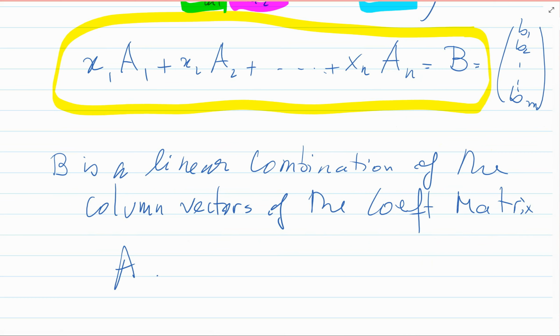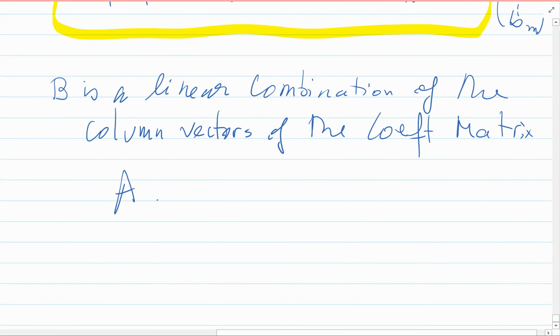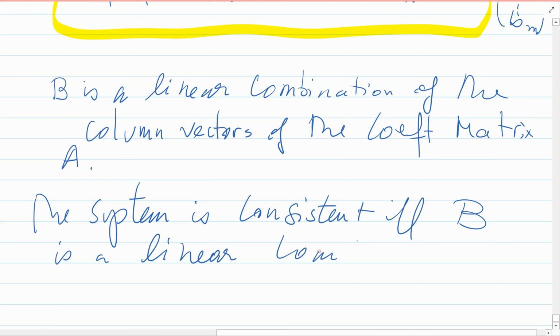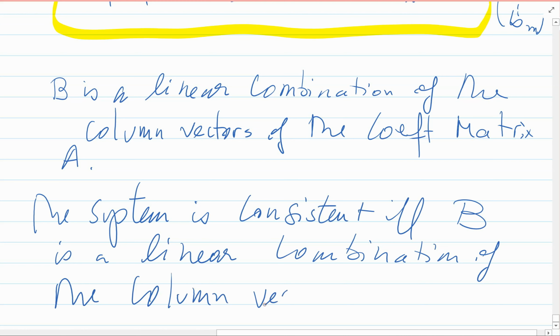So you have a solution if and only if, we have this beautiful result. The system is consistent, which means we do have a solution, if and only if the non-homogeneous term B, B1, B2, Bm, is a linear combination of the column vectors of the coefficient matrix A.